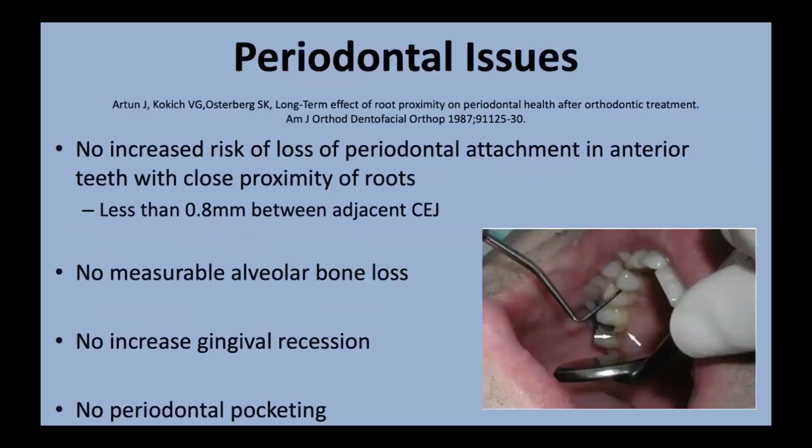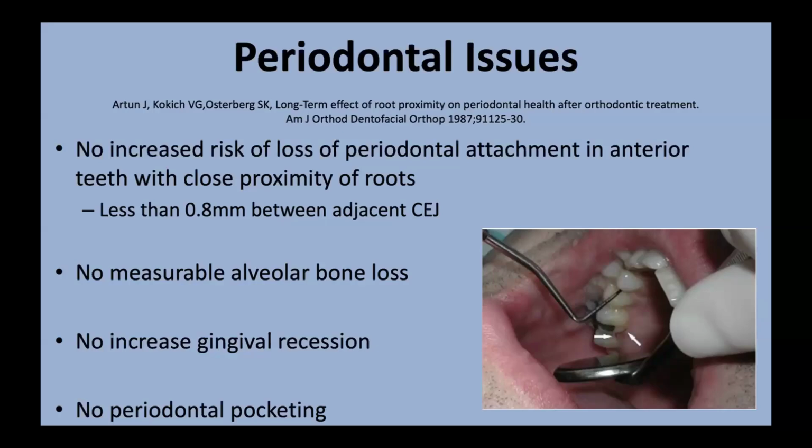So what are some of our concerns theoretically with removing tooth structure? I mean, it is something irreversible, but it's a concern that we will be creating periodontal issues. We want to make sure that we're not promoting bone loss or having gingival recession. We want to make sure that we are not creating perio pockets.